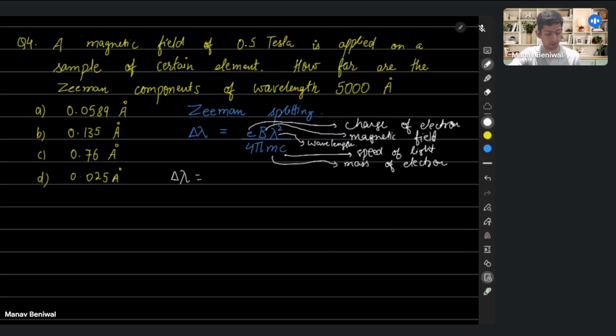Then delta lambda becomes simply all the values multiplied together.